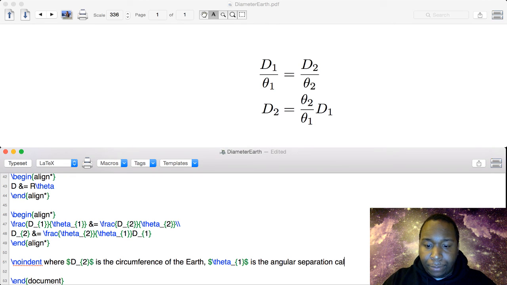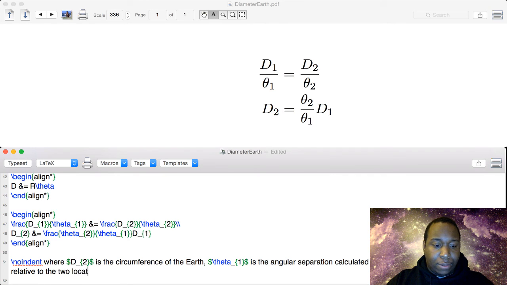But theta 1 is the angular separation calculated from the difference in elevation angles or altitudes of Polaris, relative to the two locations stated above.